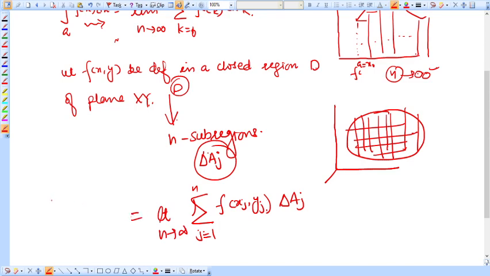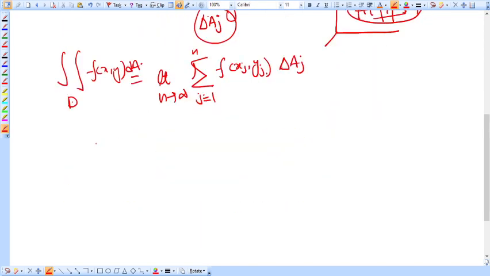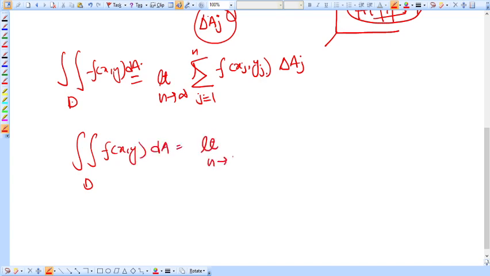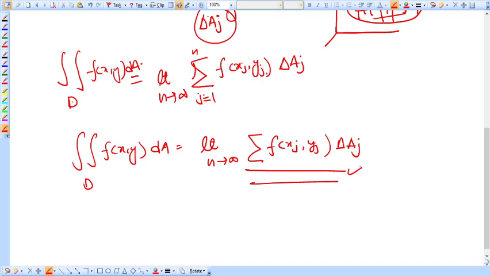This sum is nothing but the double integration of f(x,y) over the region D, where dA is the area here. I hope you got it. So double integration over a region D of a two-variable function dA is equal to the limit of the sum of f(x_j, y_j) delta A_j. So this is the double integration.